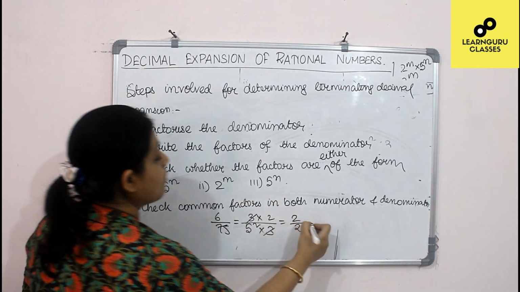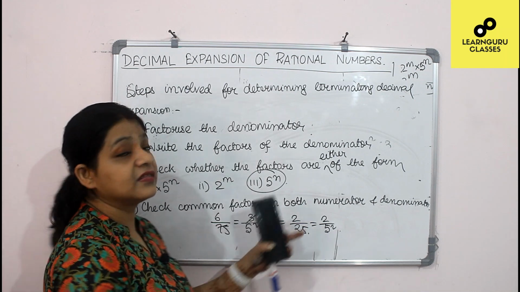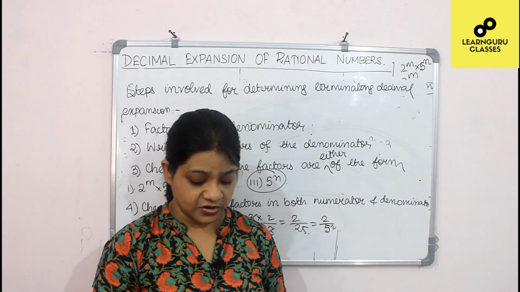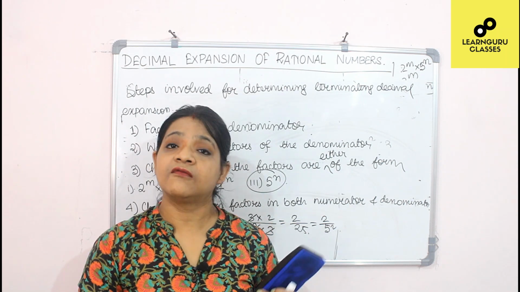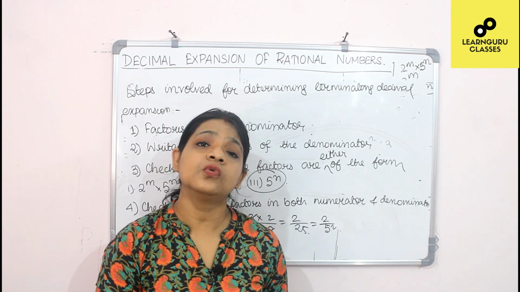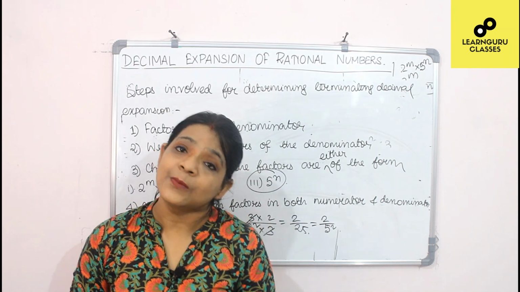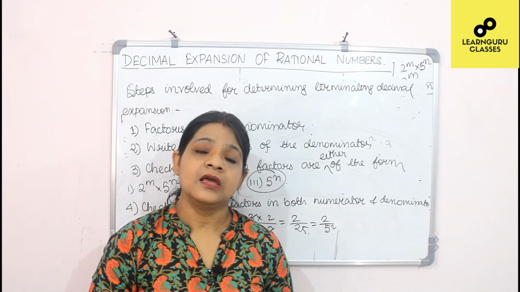So it is of the form 2 by 5 square, isn't it? So we can say that it is a terminating decimal expansion. So you have to keep all these factors in mind whenever you see any rational number and you are asked to determine whether it is a terminating or a non-terminating decimal expansion.